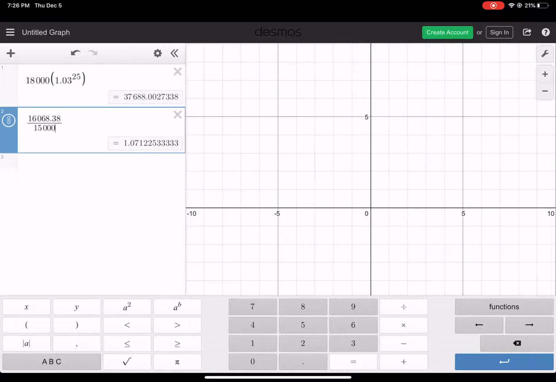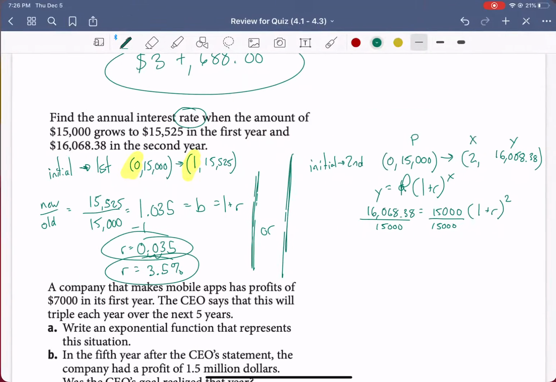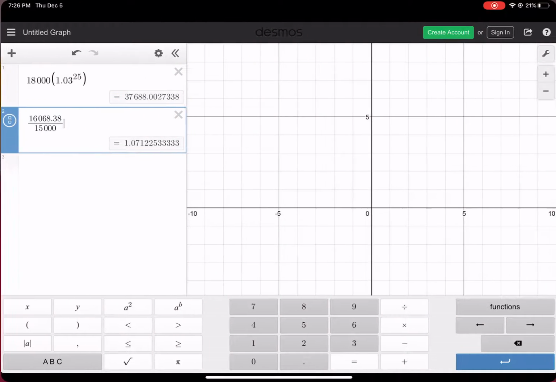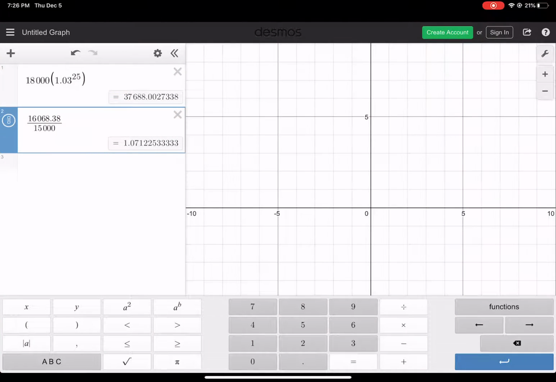Okay, so we get 1.071. All right, but now we have to deal with the square. And the only way to undo a square is a square root. And now they cancel out. That means on this side, we have to take the square root of that number. So we can do that quickly in Desmos by just adding.